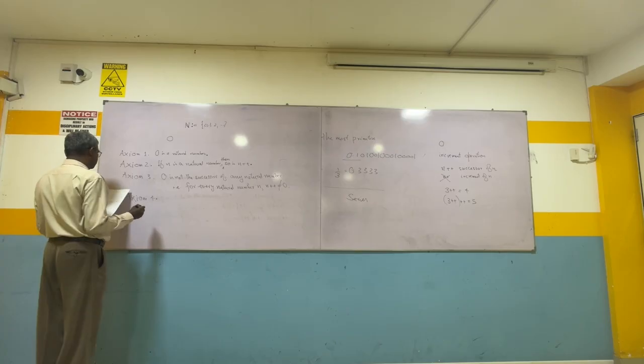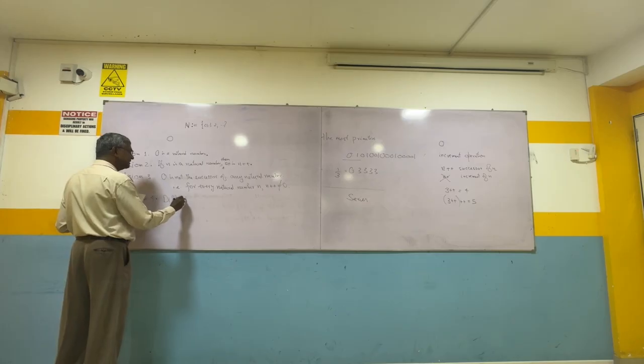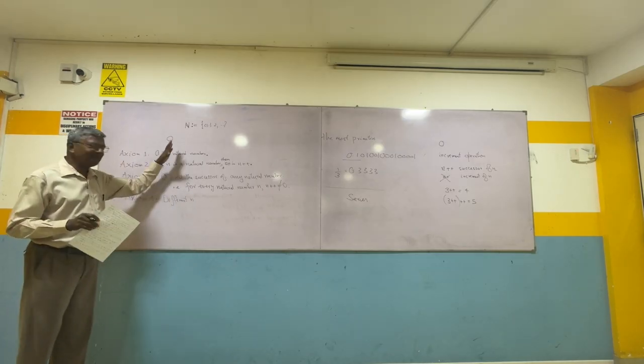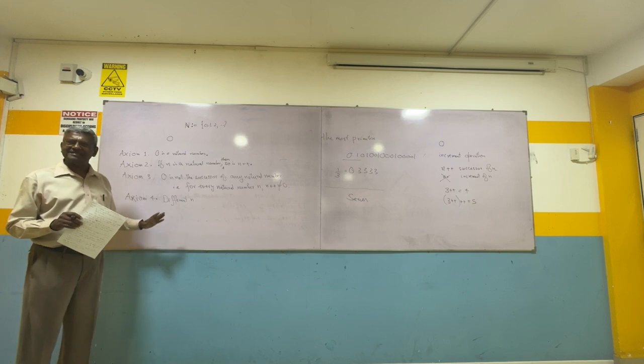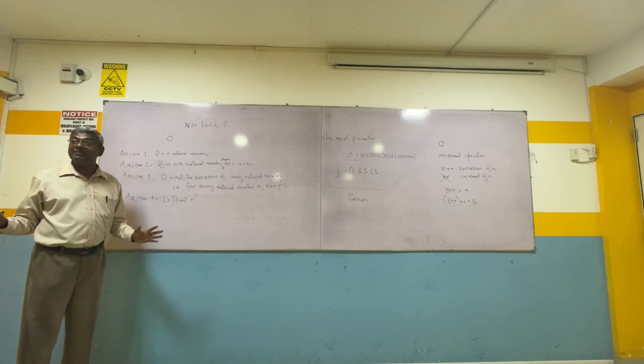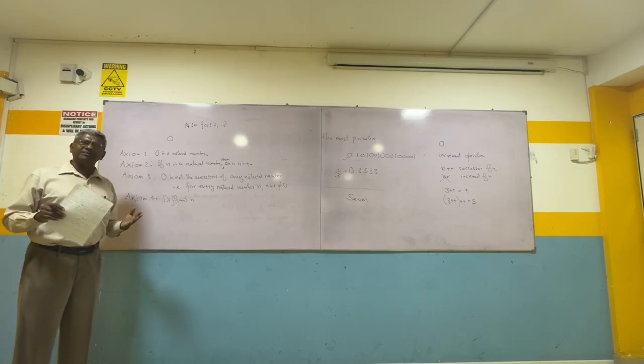Axiom 4 is about different natural numbers. After you have studied the course, you don't have to remember anything from this chapter. Because we are studying real analysis, you have to remember everything, but you don't have to try to remember everything.